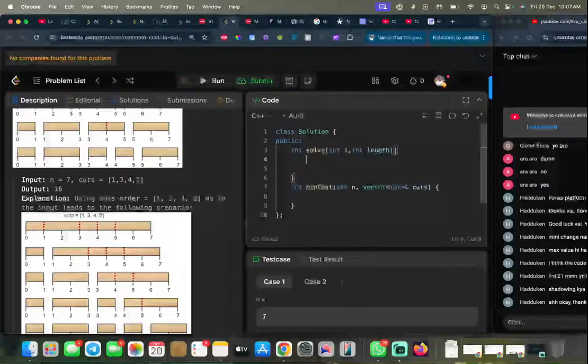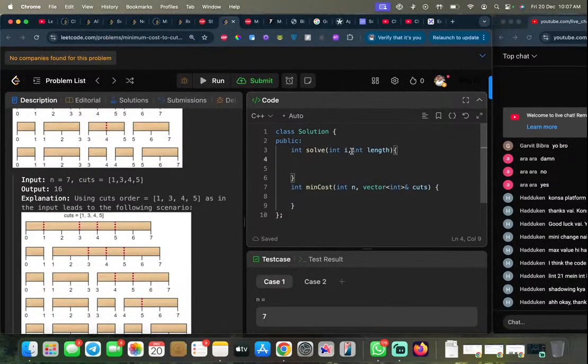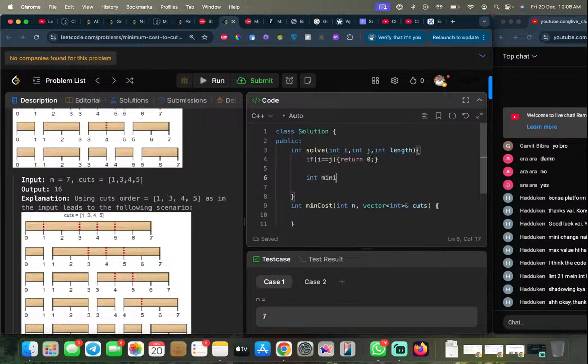i, j and length. If i is equal to j, then return 0. And min is also the max.